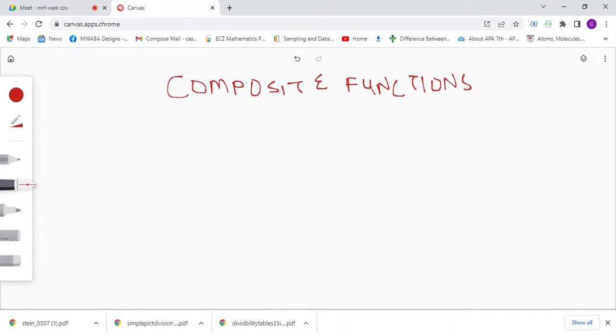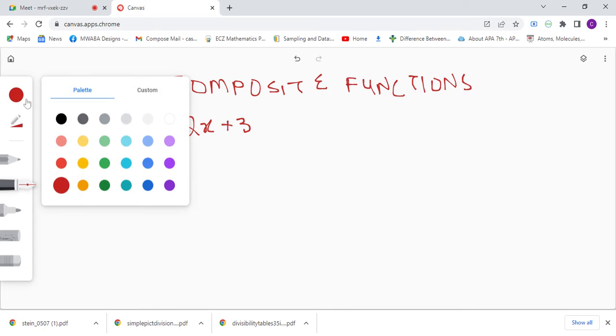All right, so we are looking at composite functions. This is a combination of two or more functions. For example, let's say you have a function f of x equals 2x plus 3.